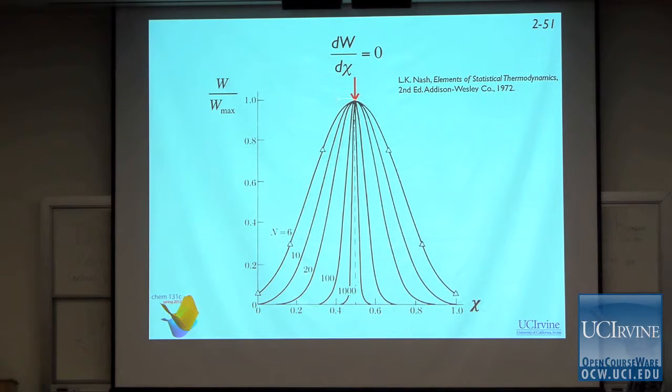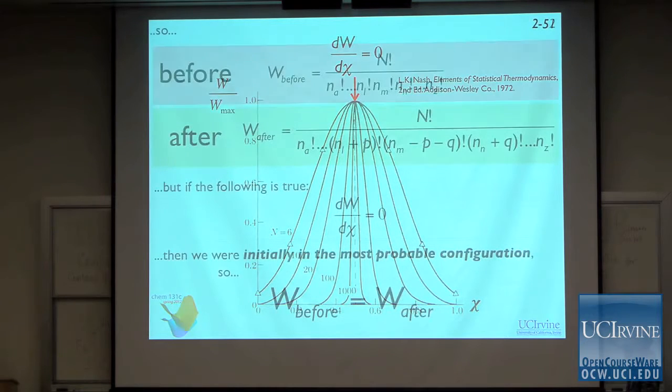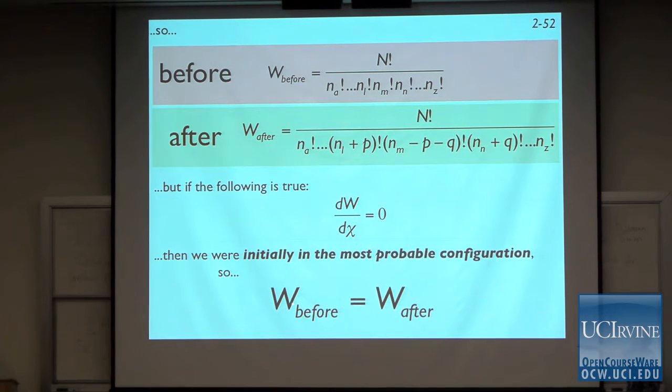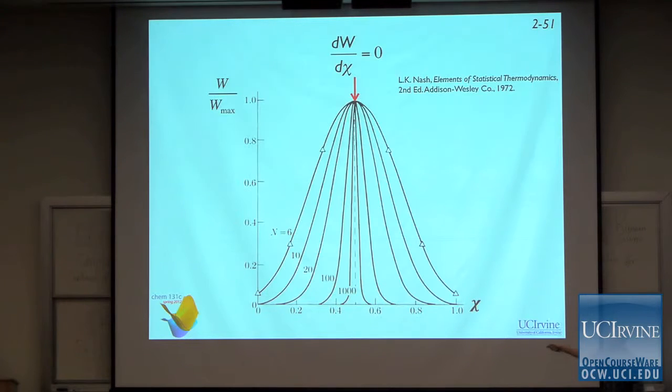In other words, we're at the peak of this curve. W before equals W after if and only if we are right there. If we're here and we shift in either direction, it's not going to be true. W changes with configuration. It only doesn't change with configuration up there.